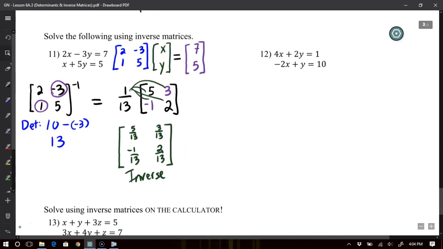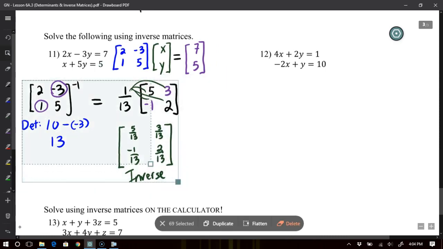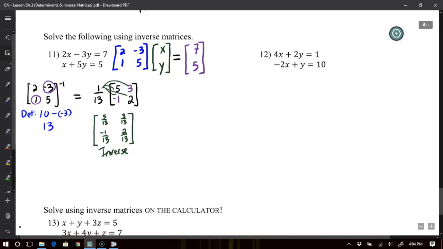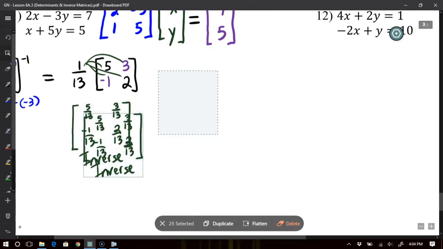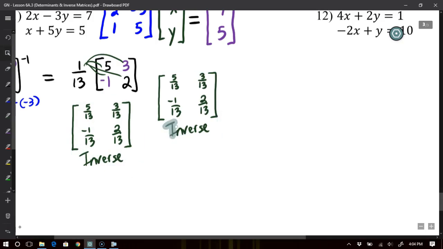And again, because I'm special, I have the ability to take my work, shrink it down, move it to the side, and make more room for what I'm trying to do. So I'm going to take this inverse matrix, and again, I'll use some nice little skills of copy paste. And we're going to multiply it by our answer matrix, which is 7, 5.